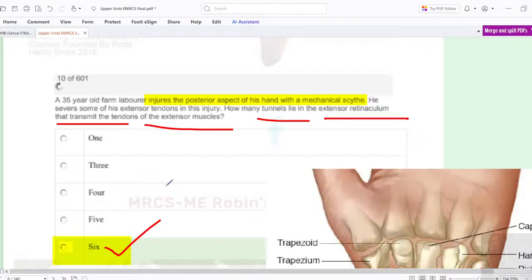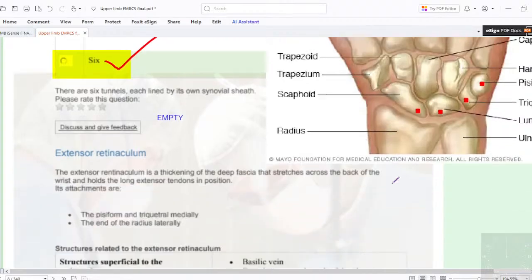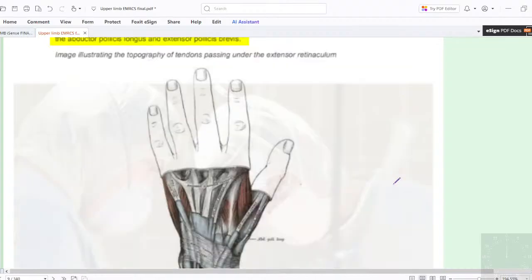How many tunnels are in the extensor retinaculum that transmit the tendons of the extensor muscles? This is straightforward, just a number. How many tunnels? In the extensor retinaculum, six tunnels.